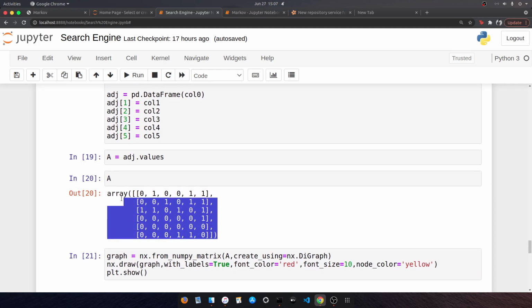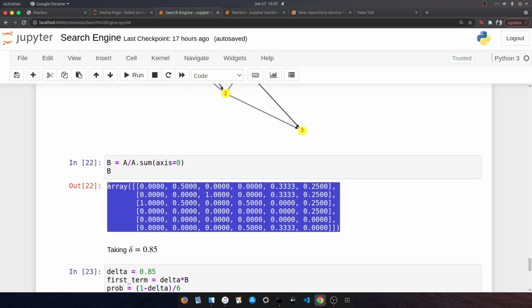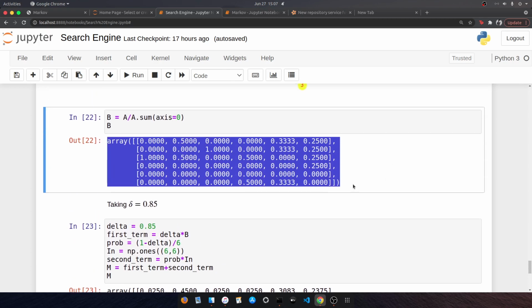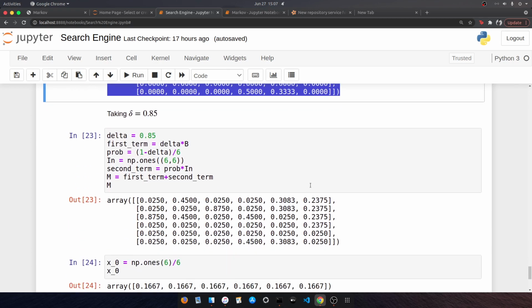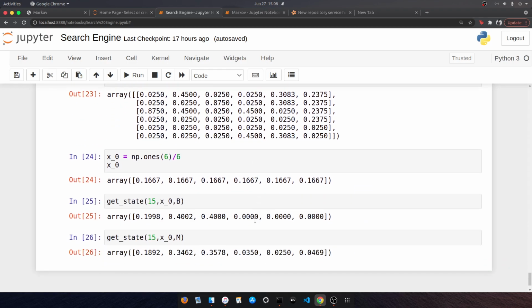Then from that adjacency matrix, we compute the probability transition matrix. If we want to use the second algorithm, from the probability transition matrix we will do the computation given above, and we will obtain the matrix M, and then we will apply the same concept that we have learned from Markov chain from the previous lecture.